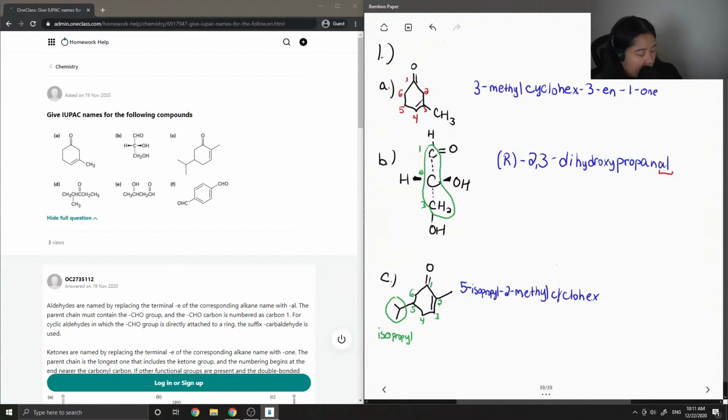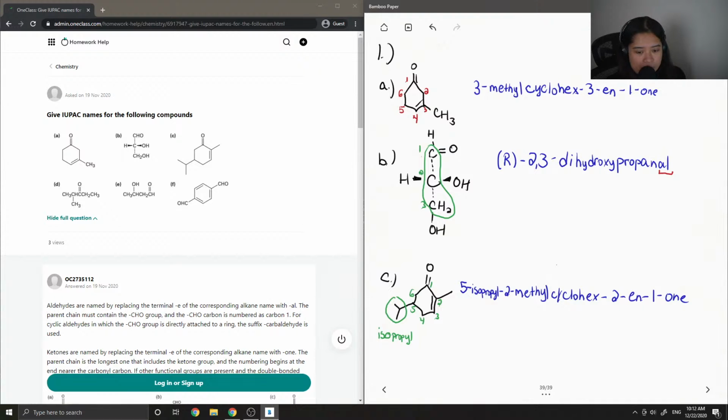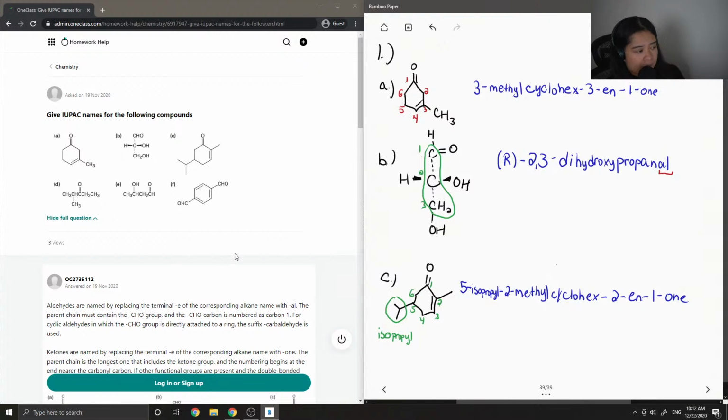And now again, I'm just going to show where my double bond is. So it's on carbon 2, so 2-ene. And then on carbon 1 is our ketone, 1-one. Okay, so 5-isopropyl, 2-methyl, cyclohex-2-en-1-one.